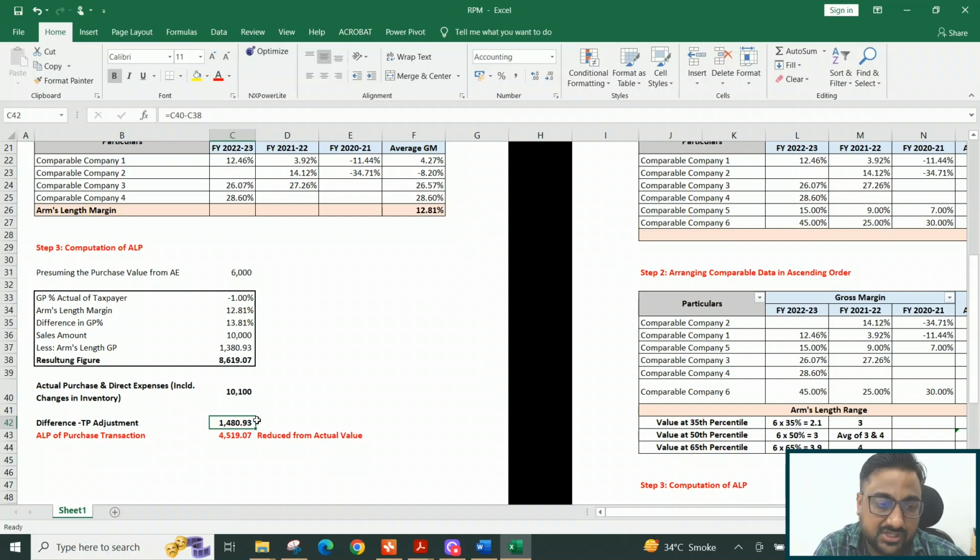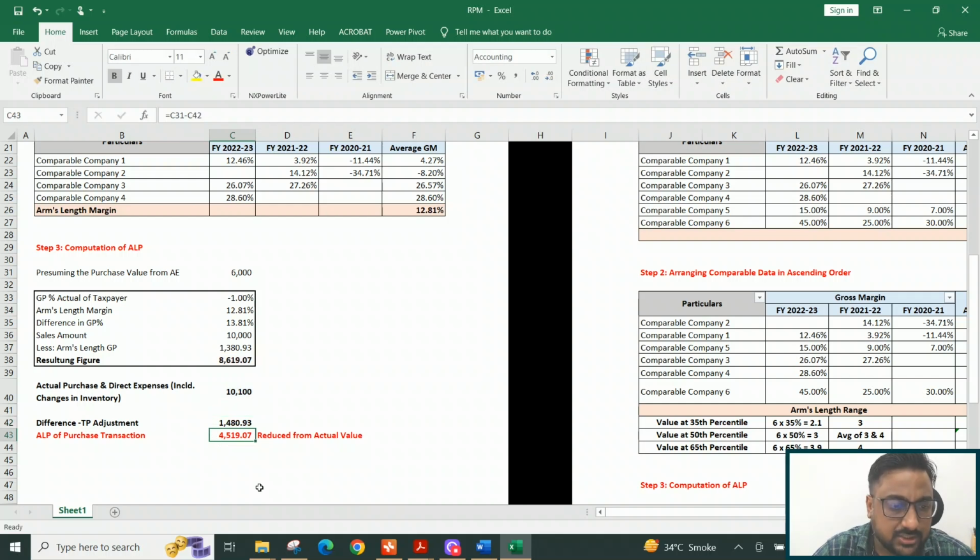So that differential part comes to 1480. Accordingly, I will adjust my ALP so that my purchase is reduced by 1480 and I get the arm's length price. So this will be the adjustment amount.